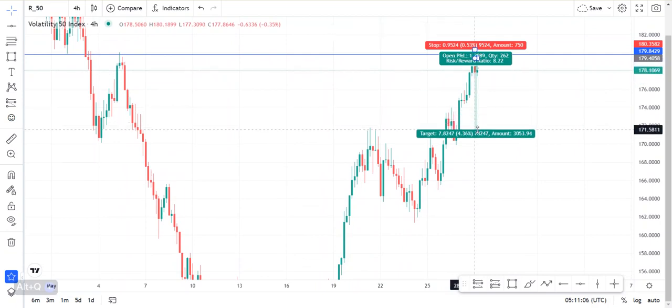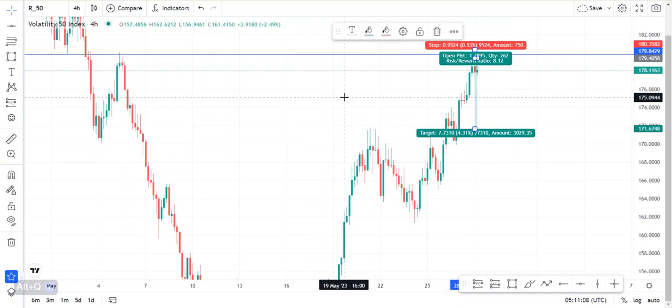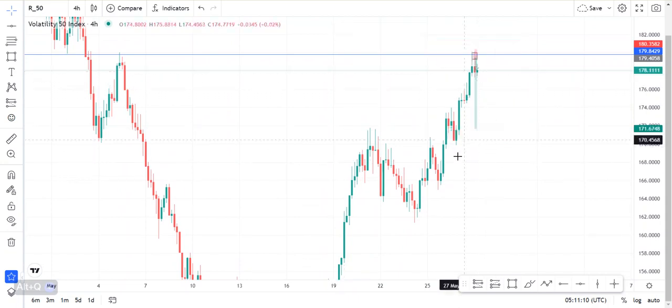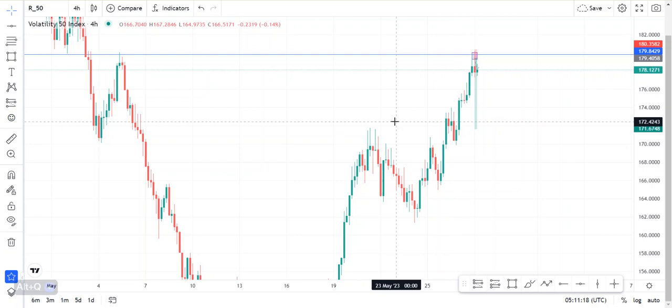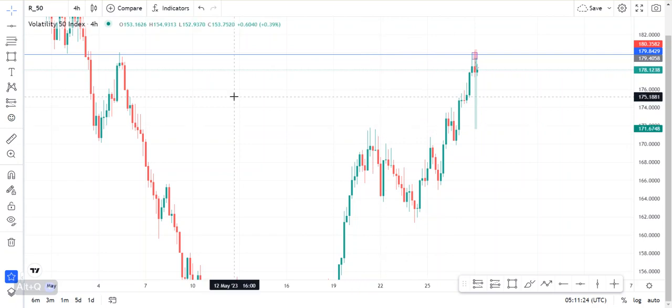That is where we are targeting at the first instance, and you can target here at the second instance. But at the first instance, this will be our target.